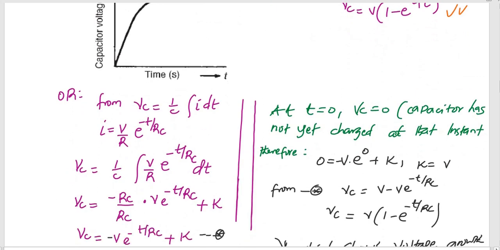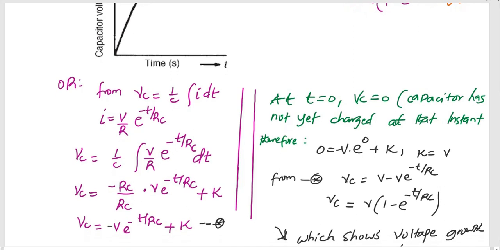Or we can use the fact that V is equal to 1 out of C integral of I dt. We can say that I is therefore equal to V divided by R exponential of negative t over RC, or tau. We can substitute in there and integrate that value.